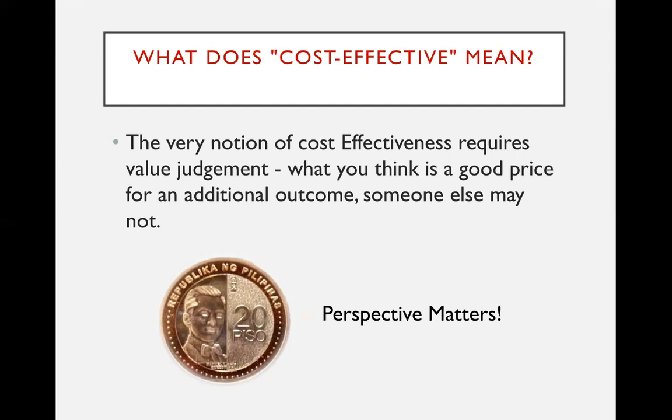For example, a patient may think that investing in a pneumococcal conjugate vaccine that covers 13 strains may be worthwhile to pay more money. But on a societal perspective, wherein the Department of Health will do mass vaccination programs, it may not be cost effective to buy that more expensive vaccine. Although it covers more strains, on a societal perspective it may not be so beneficial. So it would really depend on which perspective you use.